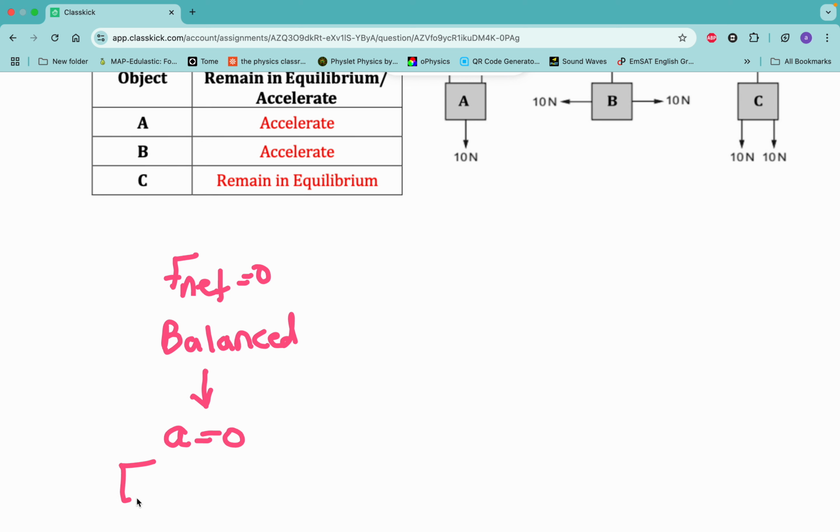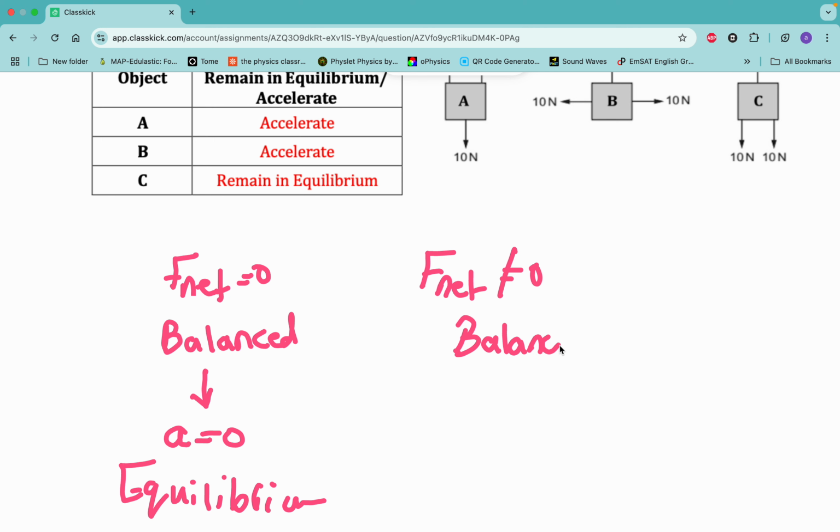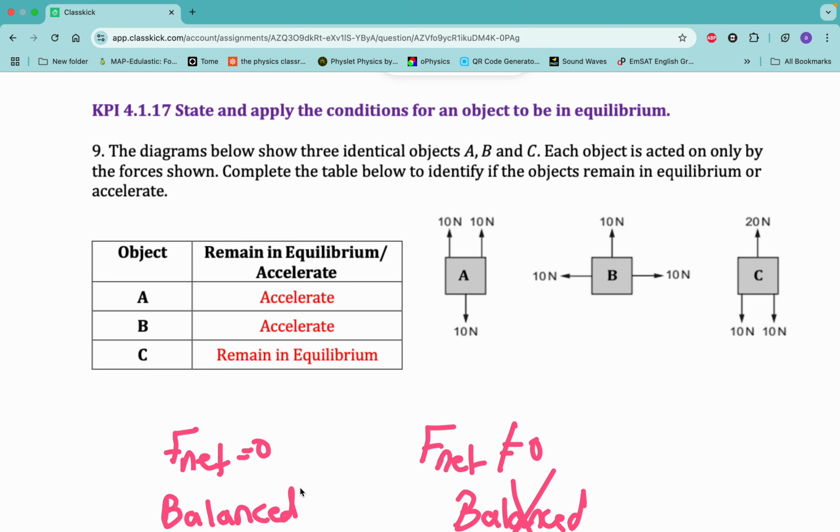We call this case equilibrium. But if the net force is not equal to 0, so the forces are not balanced, automatically we are going to have acceleration, so it's not an equilibrium.